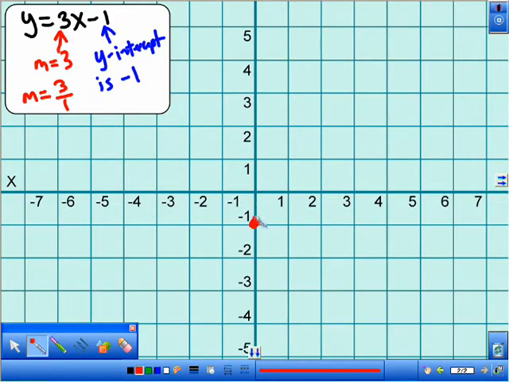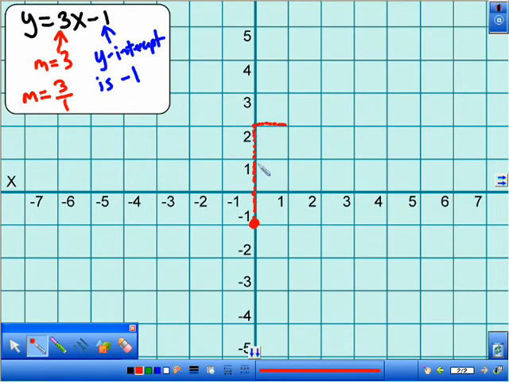So we go up 1, 2, 3, and then we go 1 over. Notice that I did the rise over the run, okay? Well, the rise is a vertical movement, and the run is a horizontal movement.